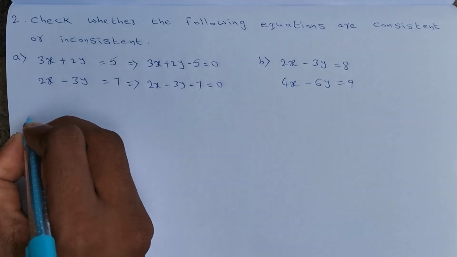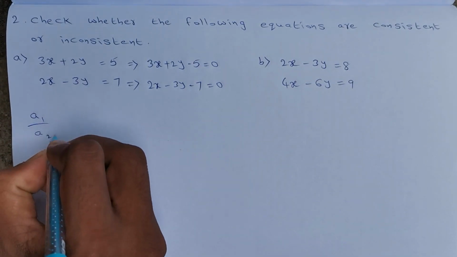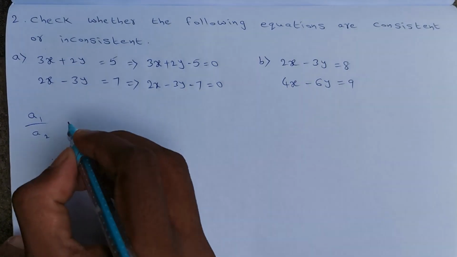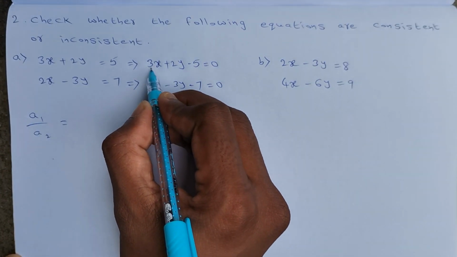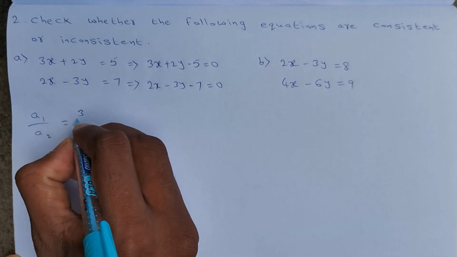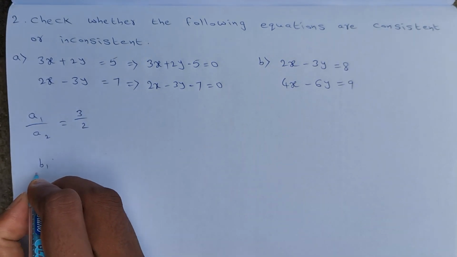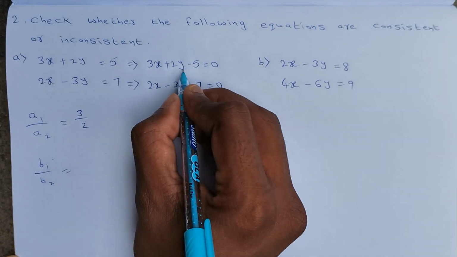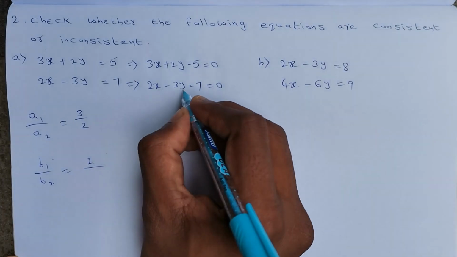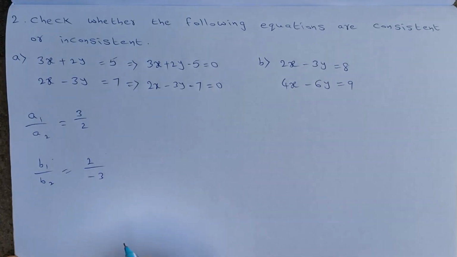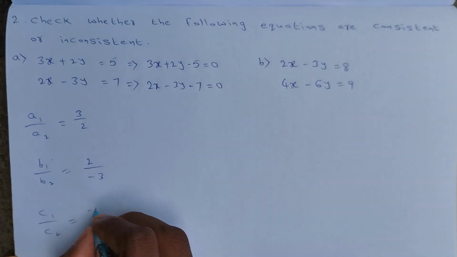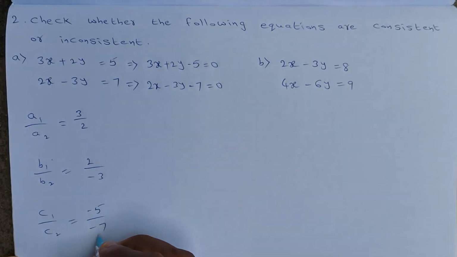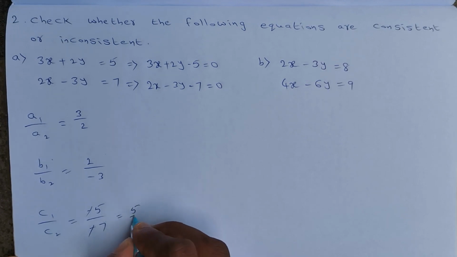Now let us compare A1 by A2 with B1 by B2, C1 by C2. So A1 by A2 is equal to, here x coefficient 3, here x coefficient is 2, so 3 by 2. Next, B1 by B2. Here B1 is 2 divided by B2 is minus 3. Next, C1 by C2. Here minus 5 divided by minus 7. Minus minus cancel, which is equal to 5 by 7.